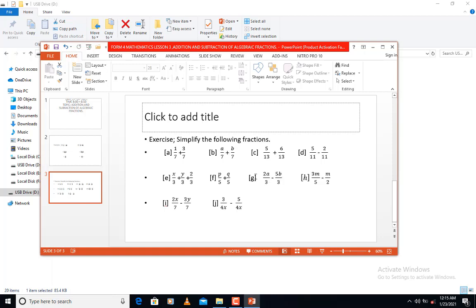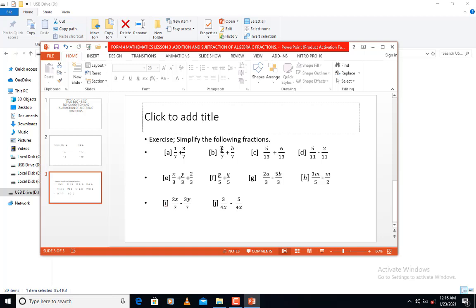When you are adding or subtracting fractions, you find the lowest common multiple. But as you can see in example A, when the denominator is the same, there is no need of finding the lowest common multiple. Just add the numerators. In this case, it's 1 plus 3, the answer is 4, which is 4 over 7.